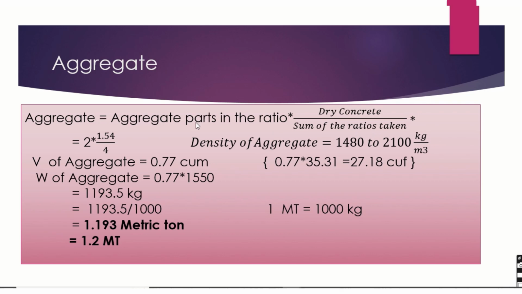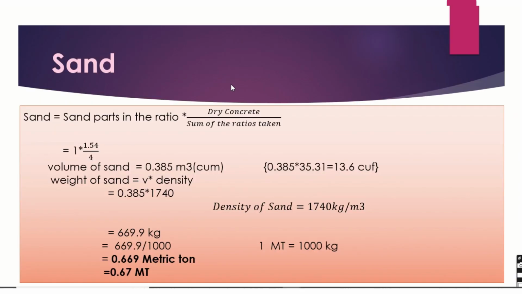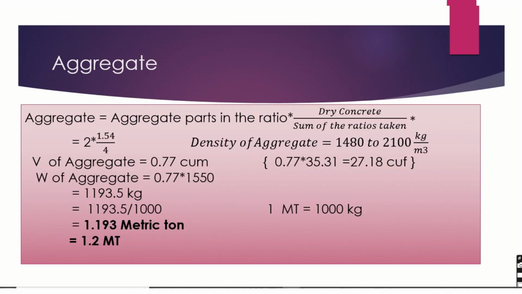For M25, the mix ratio is 1:1:2, meaning cement, sand and aggregate, so we get 2 parts of aggregate. We multiply by 2, and dry concrete is 1.54, divided by 4, which is the sum of the ratio 1:1:2.